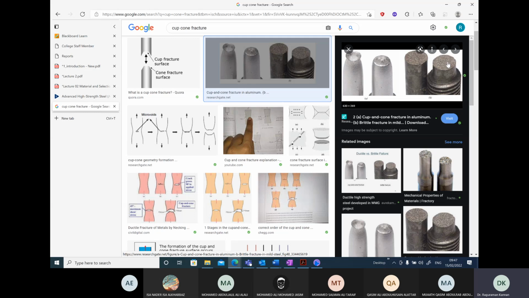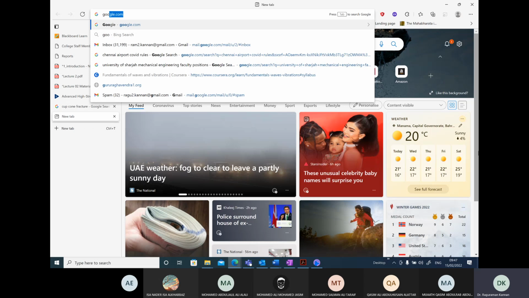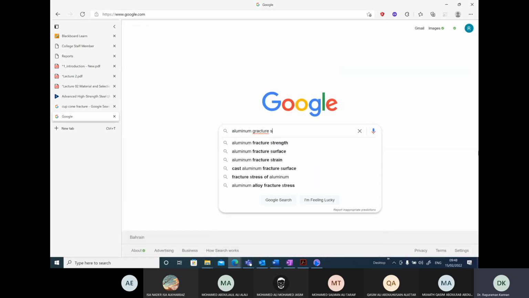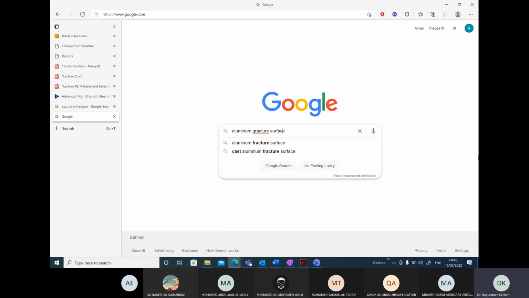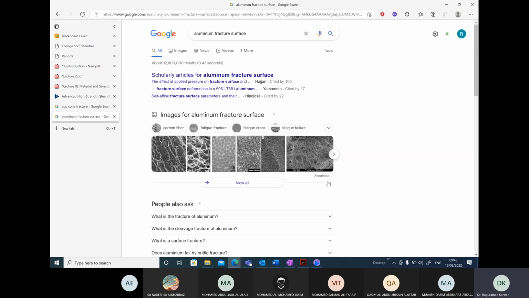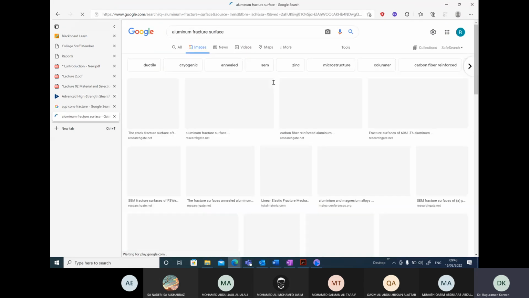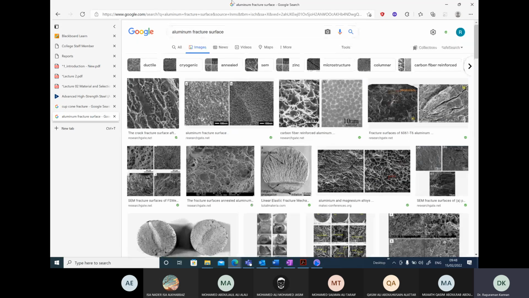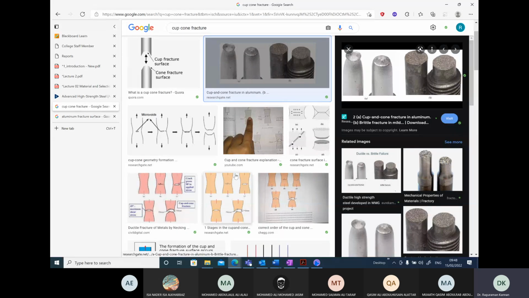If you take the brittle material, on the other hand, the fracture surface is flat. When you look at the aluminum fracture surface, so let's see here, this is the steel cup and cone fracture. Let's take the aluminum fracture surface instead of having the cup and cone fracture. Unfortunately, it's not shown. Maybe we can see an example here.